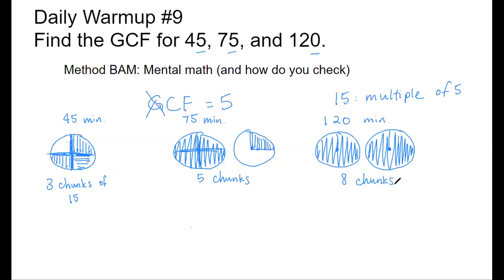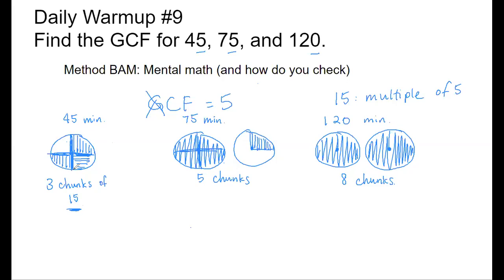Okay, is there any way that I could build these chunks of 15? Because remember, greatest common factor is going to be a multiple of your common factor. So we know that a common factor is 15. Is it the biggest one? Well, can I break these evenly into chunks of 30?